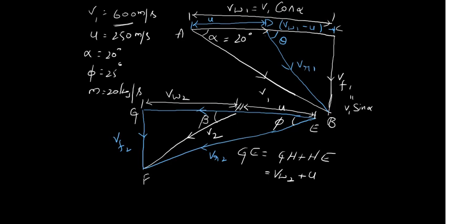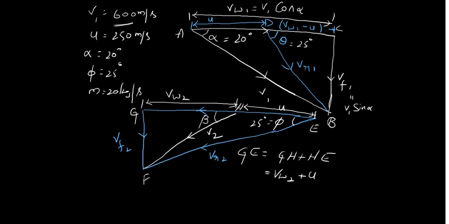How can I find the value of VR2? Do I know the angle phi? Yes. What is the angle phi given? 25 degrees. If this angle is phi, 25, what is the value of theta here? It is again 25 degrees, right?